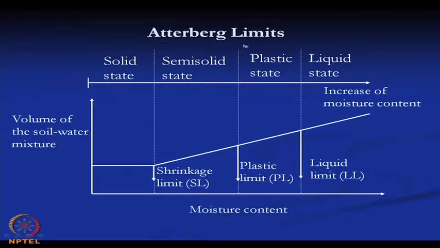Similarly, the Atterberg limits are very important properties basically for the fine grained soil or the clay soil. So, that means here we can say from this curve the soil has 4 different states, that is the solid state, semi solid state, plastic state and liquid state.